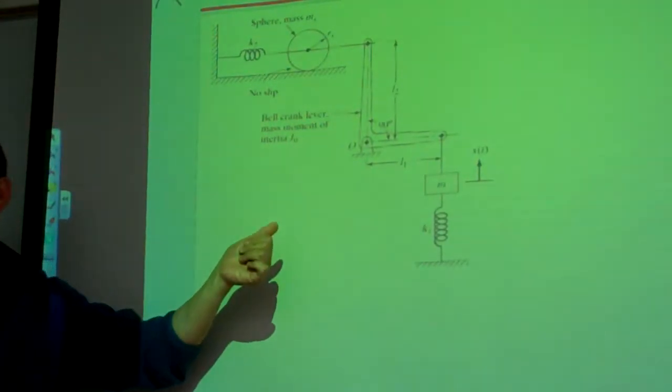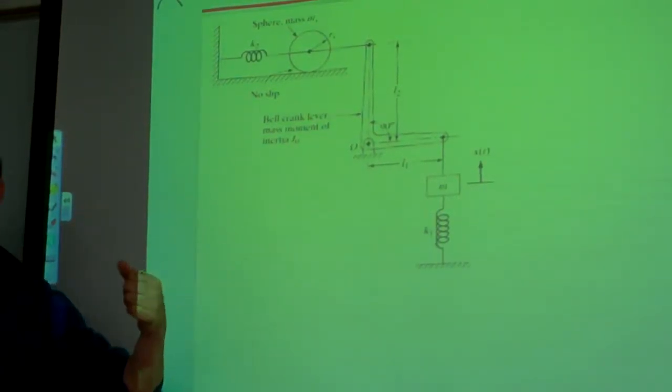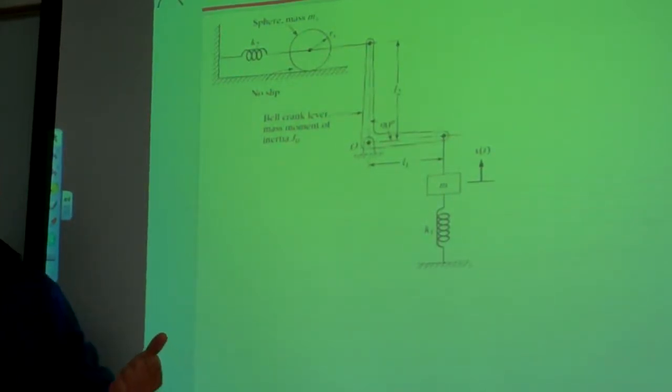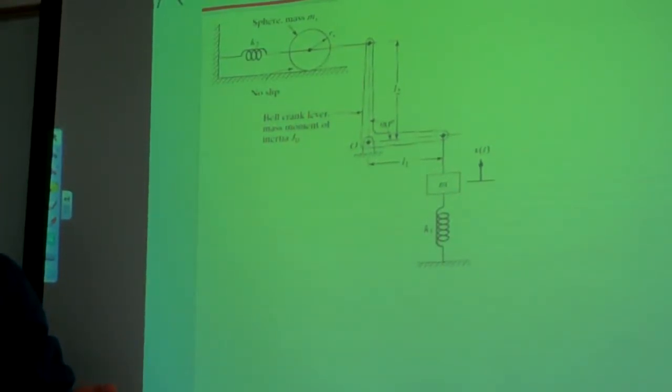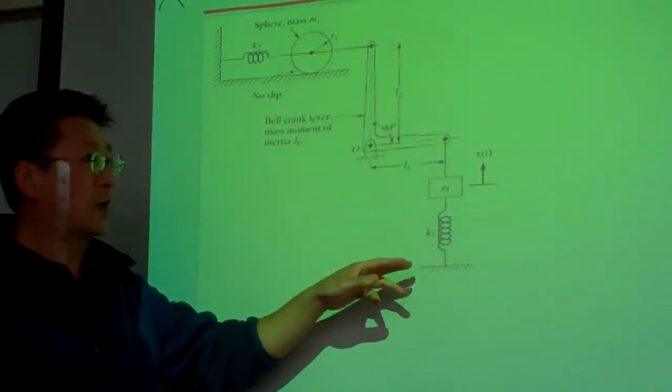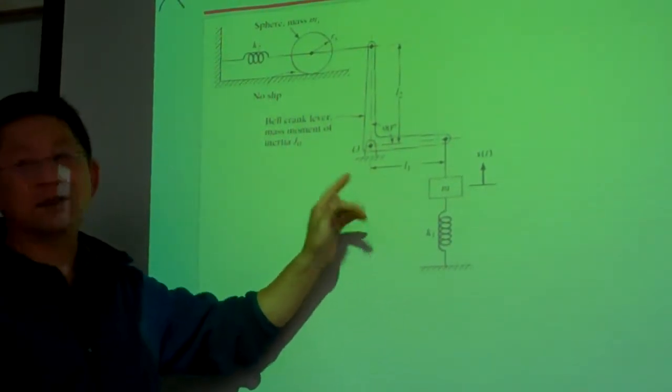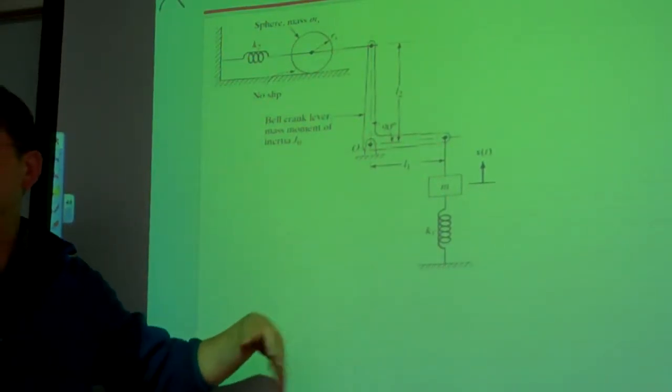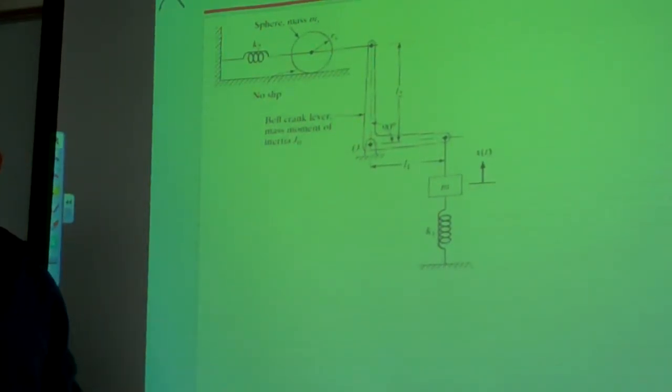Build up this relation and then begin to formulate using the equivalent kinetic energy for MEQ and the equivalent spring energy for KEQ. Very similar process to what we just did. Okay, give it a try.